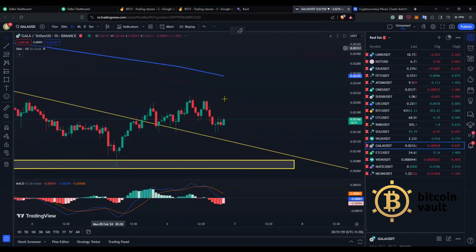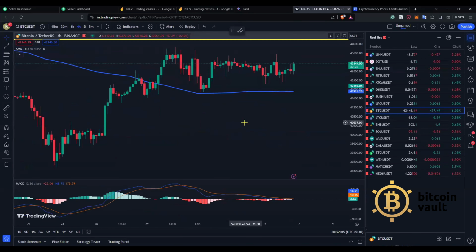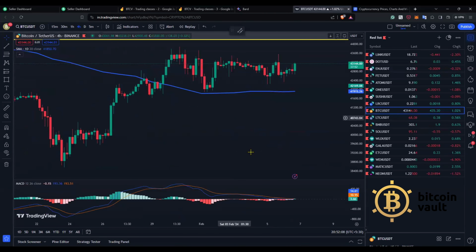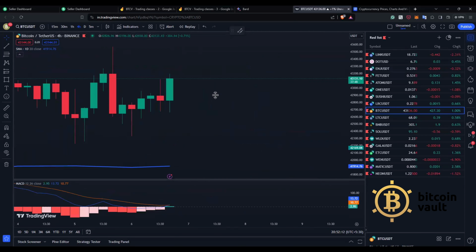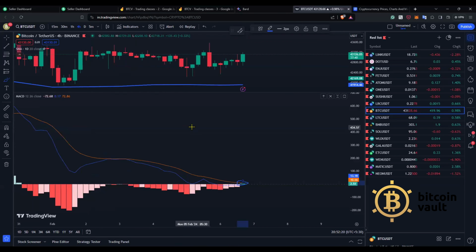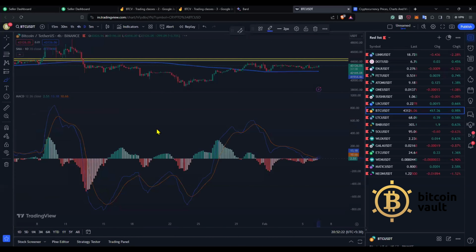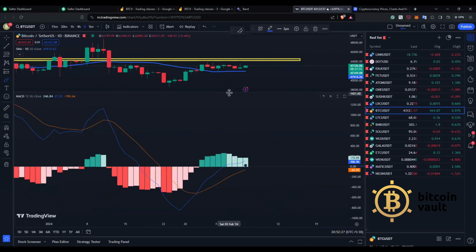We just need to figure out on a 1 day chart if BTC is going to go down or not, because on a 4-hour chart BTC looks very good. On a 4-hour chart, see, I told you about this kind of positive cross. So on a 4-hour chart BTC looks very good, but if I do the same thing on the 1 day chart, then we have to be a little bit cautious.